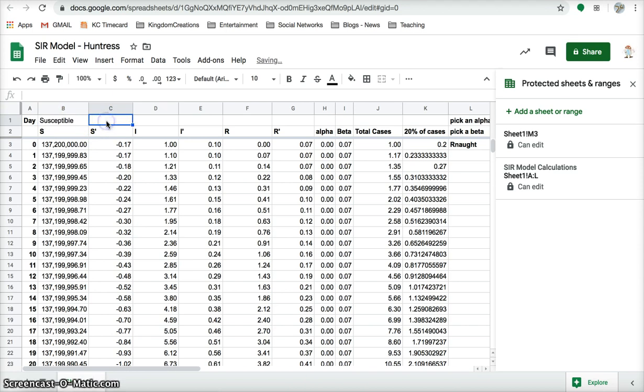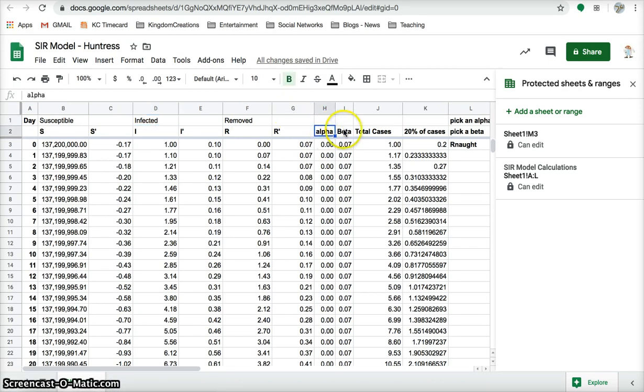And then we have S prime, that is the change in the number of susceptible people per day. Then we had the number of infected people. Then we have the change in infected people per day. And here we have the removed people, the people that have been removed from both the susceptible and infected populations.